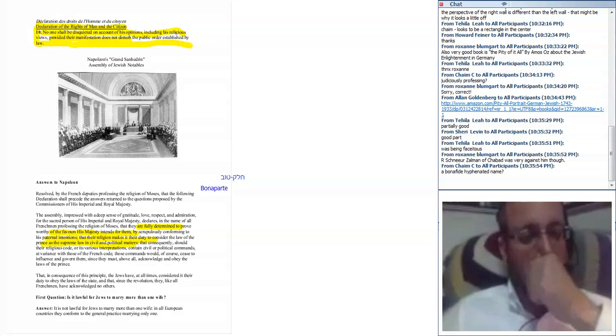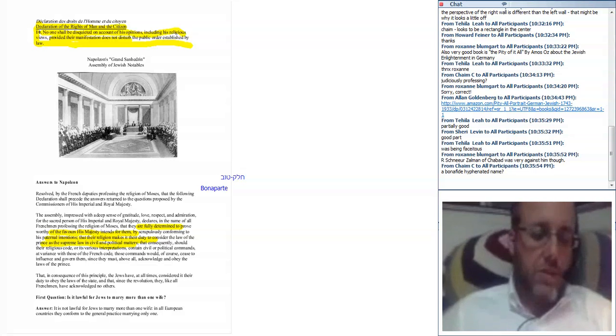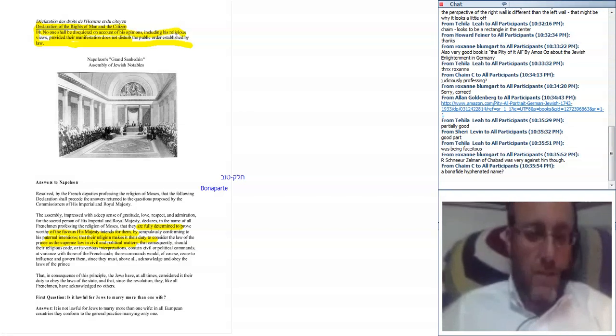His Majesty intends for them, the Jews professing the religion of Moses, who want to prove themselves worthy of the favors of His Majesty, by scrupulously conforming to His paternal intentions, that their religion make it their duty to consider the law of the prince as the supreme law in civil and political matters.